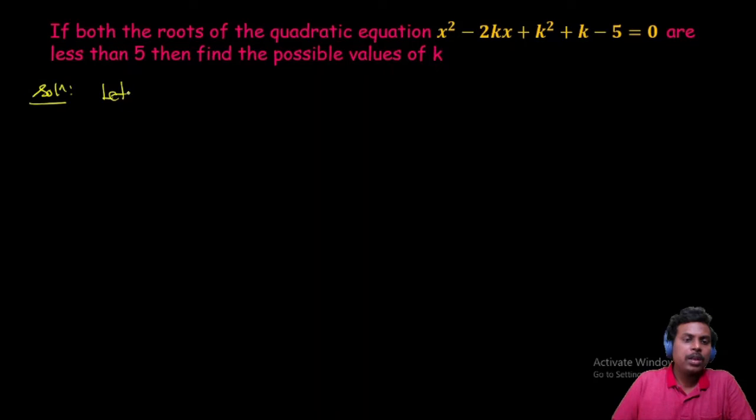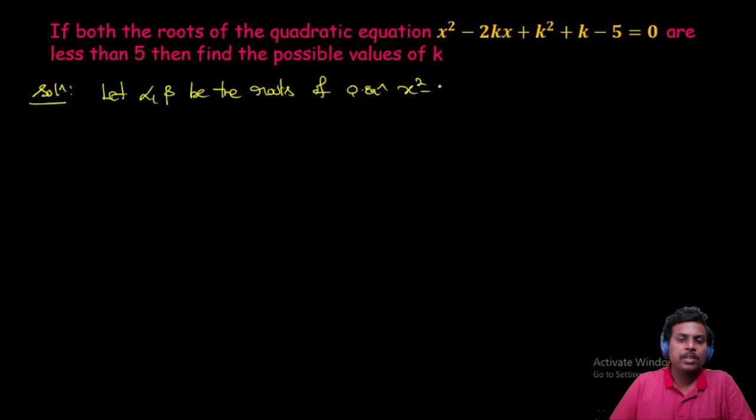So in the given problem, it is given that this quadratic equation has roots. Now let alpha comma beta be the roots of the quadratic equation x square minus 2x plus k square plus k minus 5 is equal to 0.